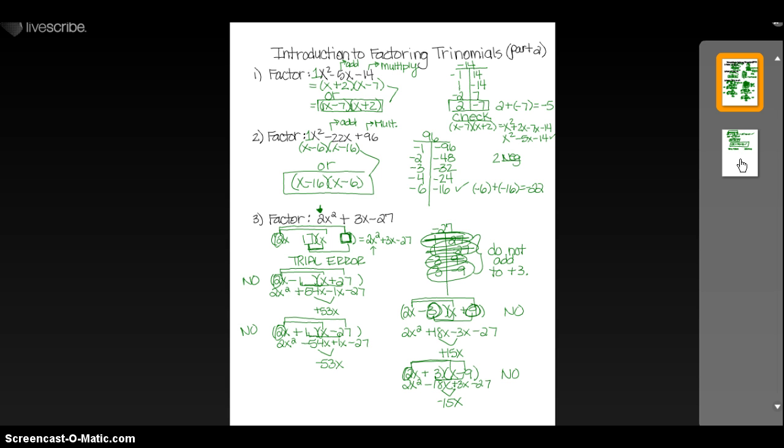So let's keep going. Let's stick with the 3's and the 9's and see if we can't get this to work. So we still have 2x and x. And remember, we want 2x squared plus 3x minus 27. So let's switch the placing of the 9 and the 3. Alright, so I'm going to get 2x squared minus 6x.